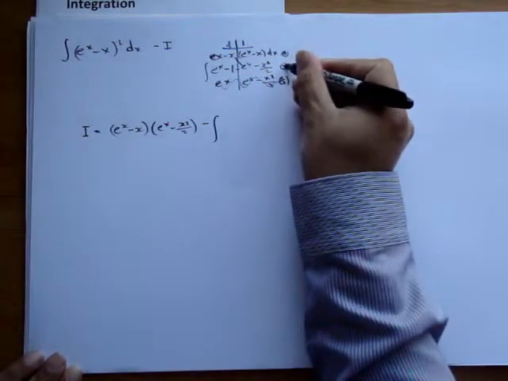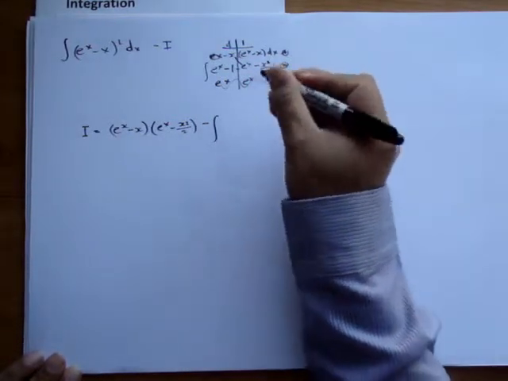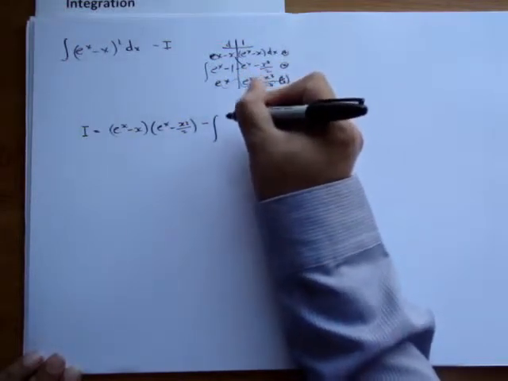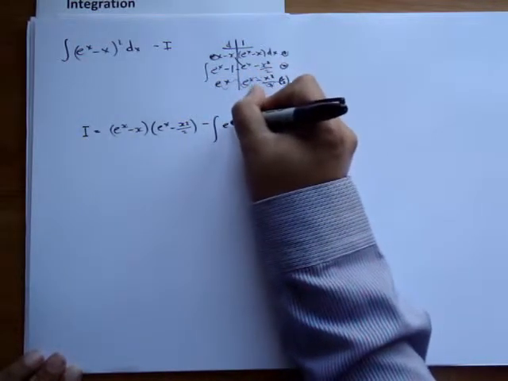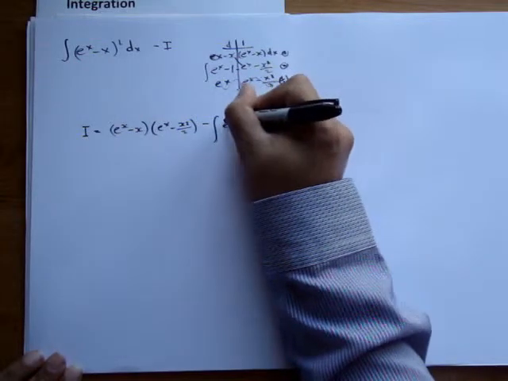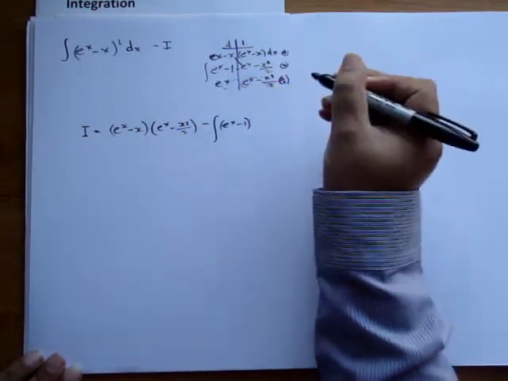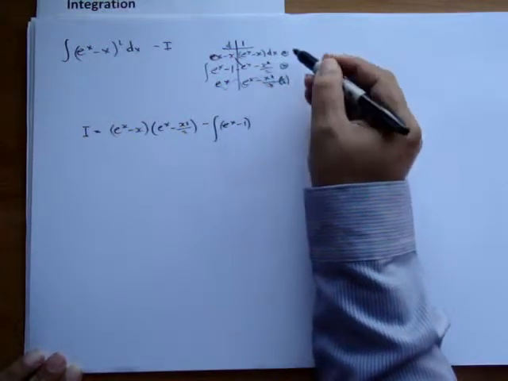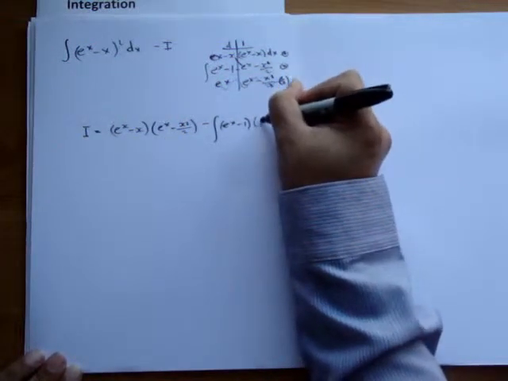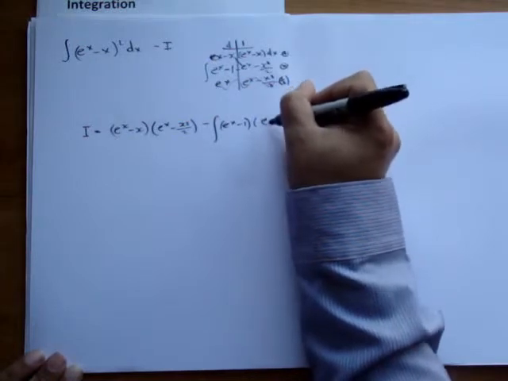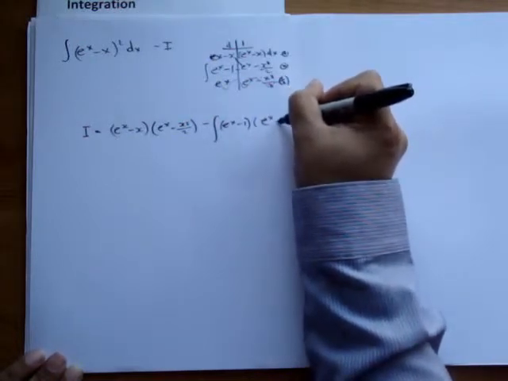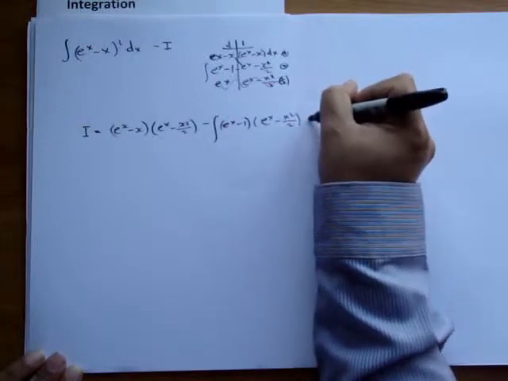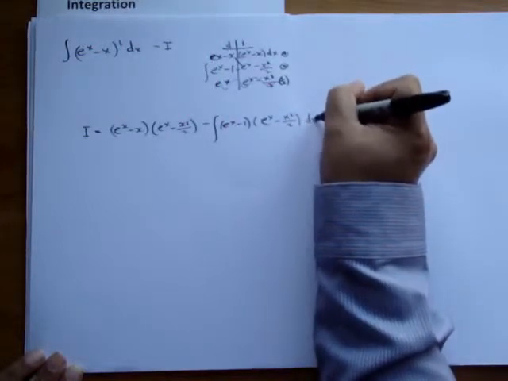So that's this minus here, minus the integral of e to the x minus 1, and then we have e to the x minus x squared over 2 dx.